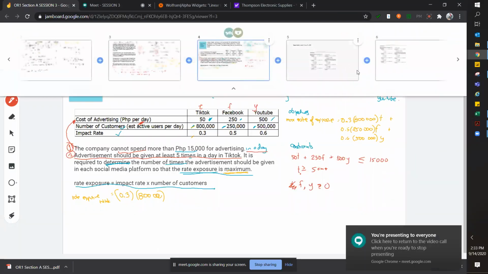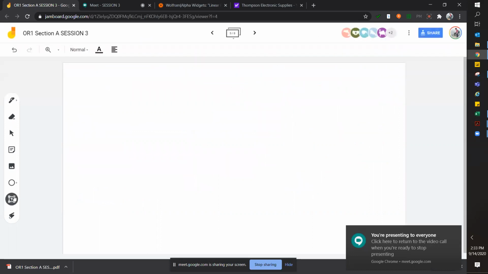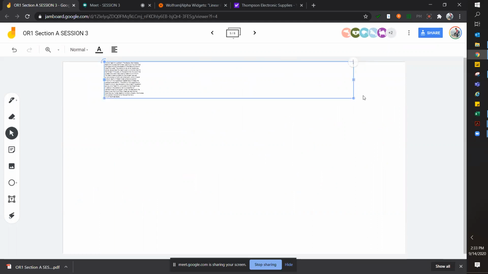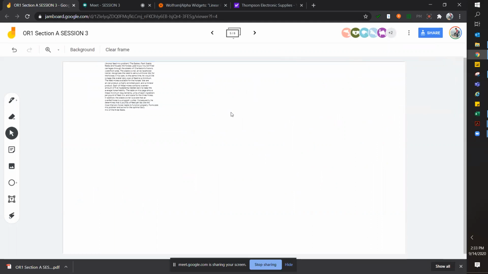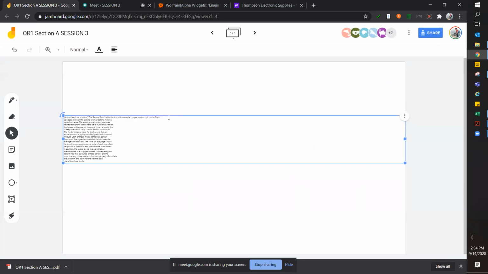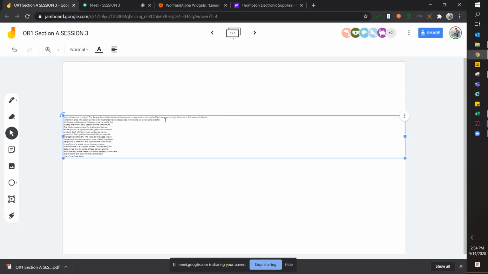Add na lang ako ng isa pa. Ito yung problema eh, pag PDF. So, then, transfer ko lang.